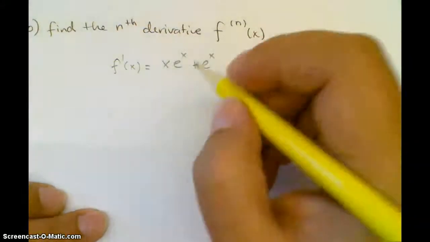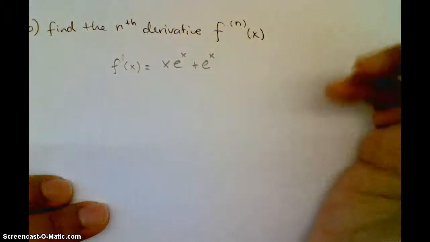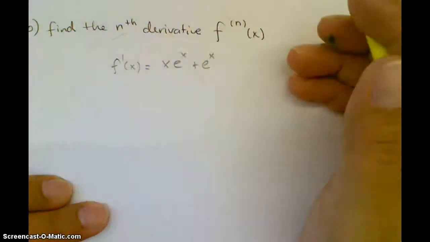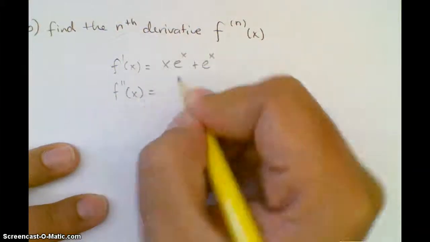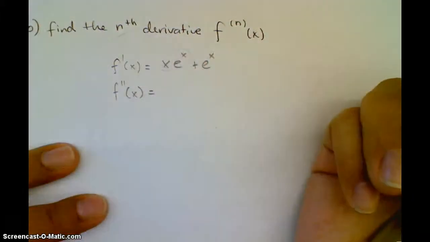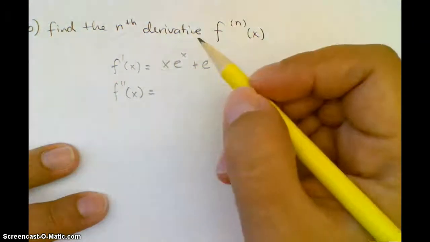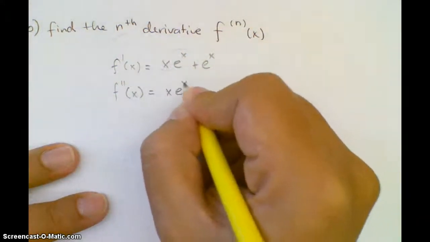So I'm getting the feeling that if we do this a few times, we're going to find some kind of pattern, so that when I take the nth derivative, then we can just replace that with n. So let's take the second derivative. This is again a product that happened to look like the original f of x.